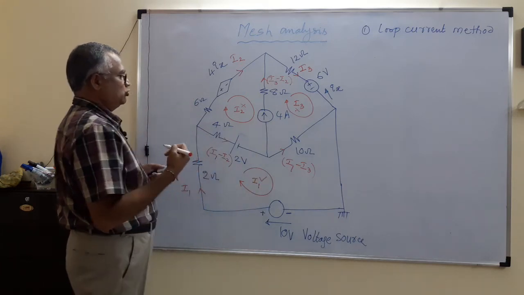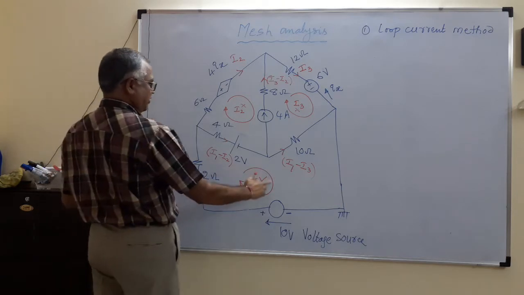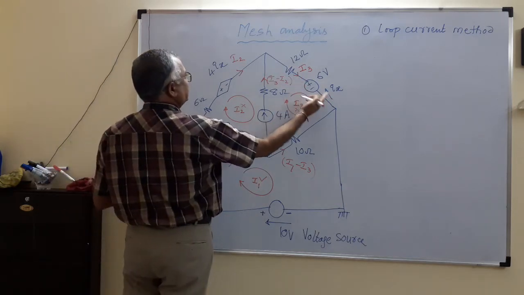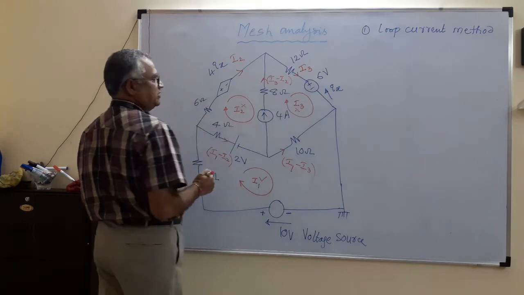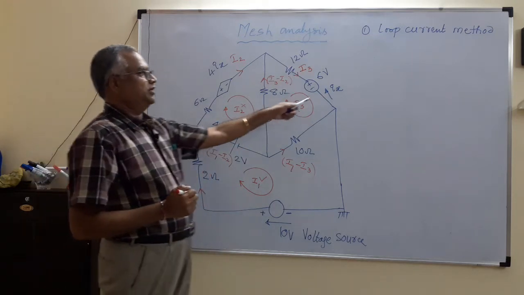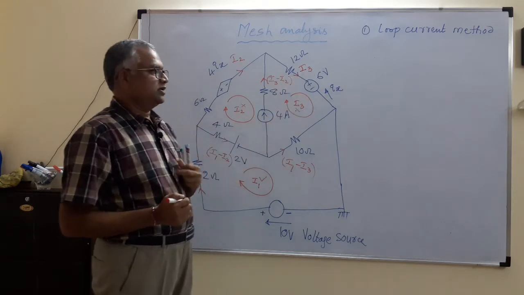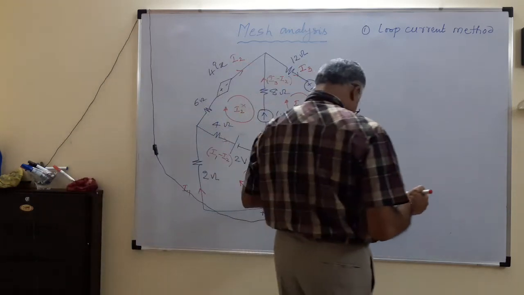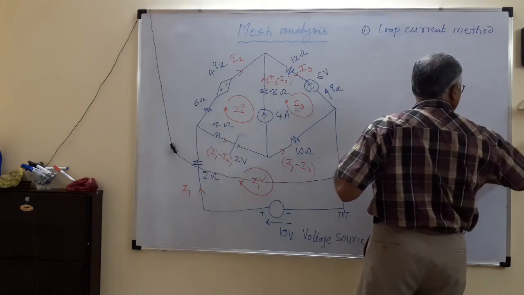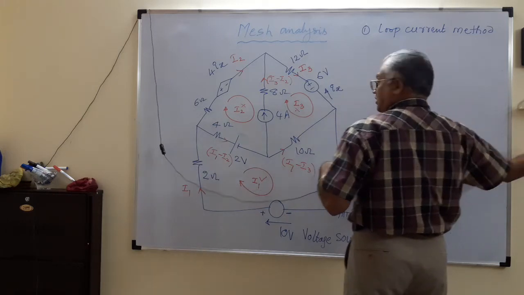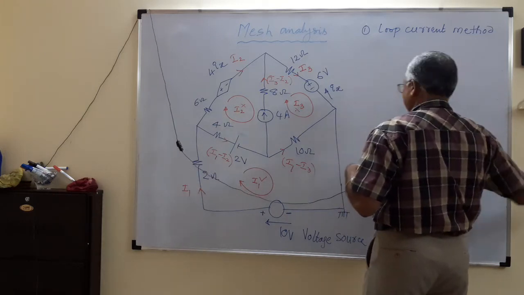But how to write 4 equations? This is 1. Second is this relation, Ix equal to minus I3, or I3 equal to minus Ix. Other 2 equations, how to write?